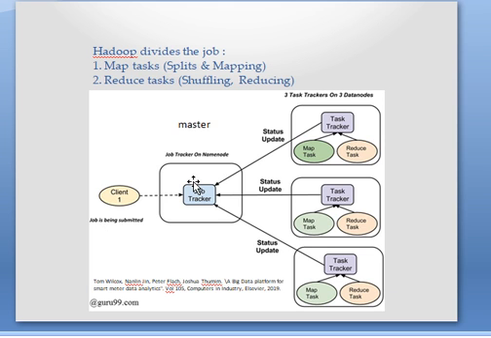And then there is a job tracker, which you can imagine is a master whose role is to allocate the overall task into subtasks to different nodes to process the MapReduce task.